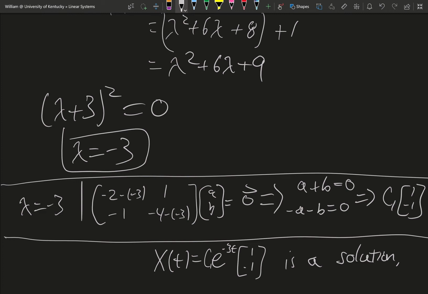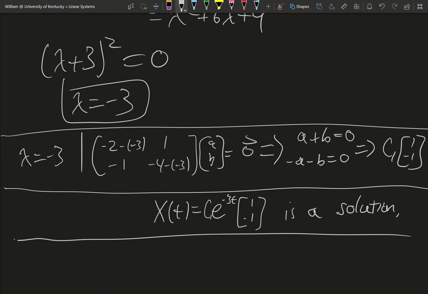So how can we go about solving this? Well, remember, we're going to look for ax plus by, where if we take the derivative of that, we get -3 times what we started with.